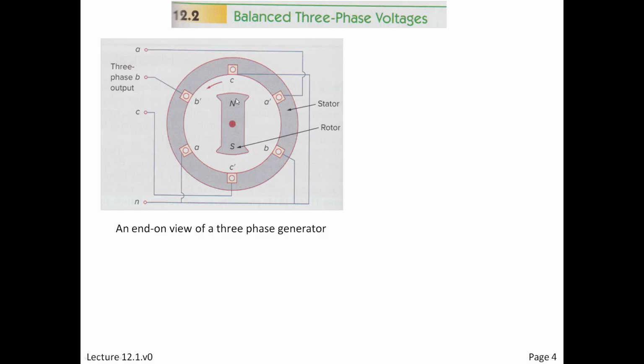Now notice as one of the poles, choose either north or south, I'll choose north. And there's a little arrow here indicating rotation counterclockwise. Notice that the north pole intersects the A terminal, and then the C prime terminal, then the B terminal, then the A prime terminal, then the C, then the B prime.